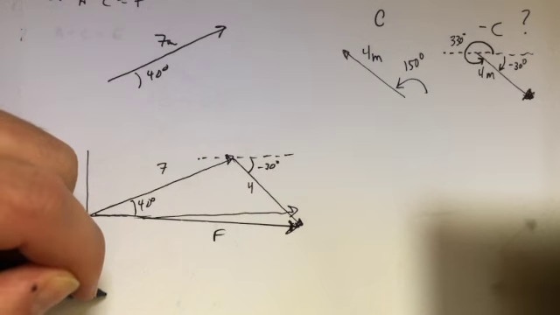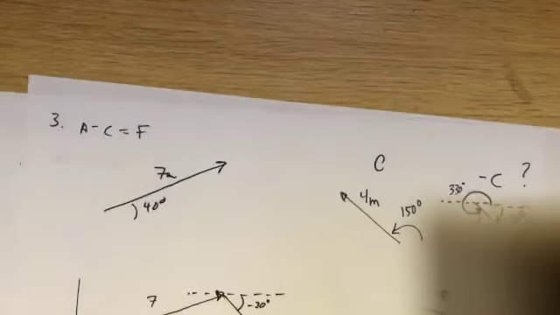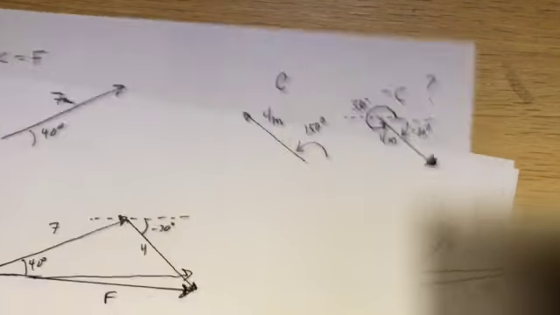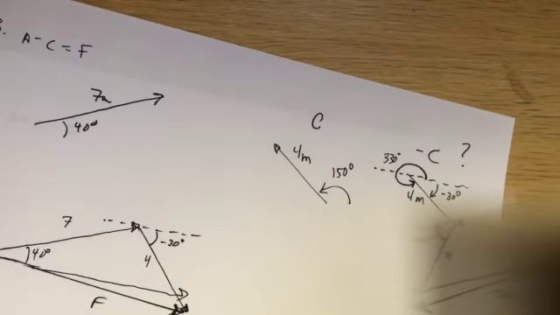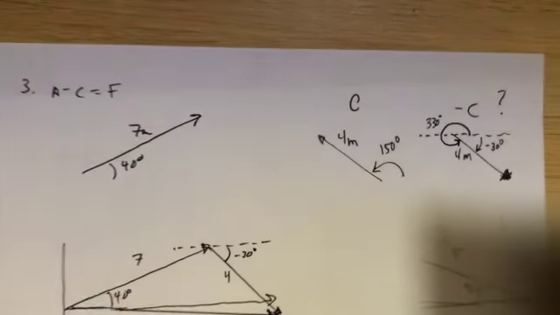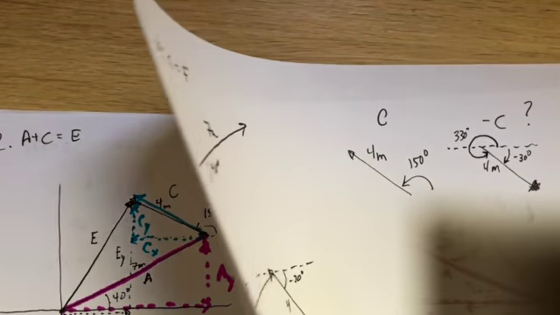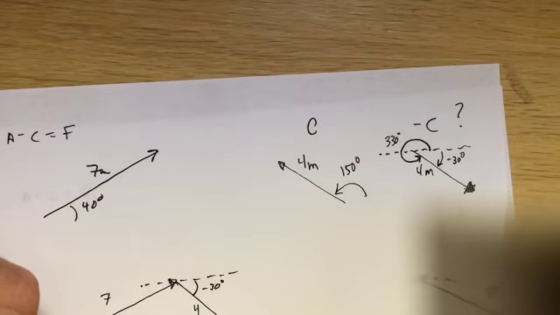We know that AY is equal to 4.5, and I know that AX equals 5.36 meters.